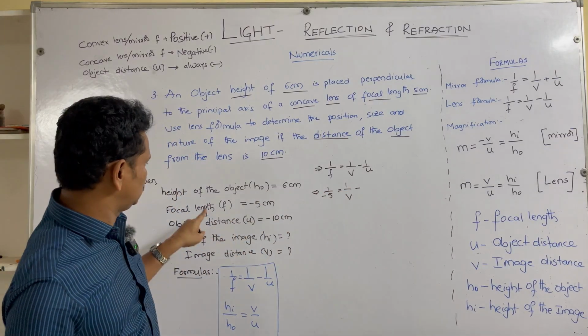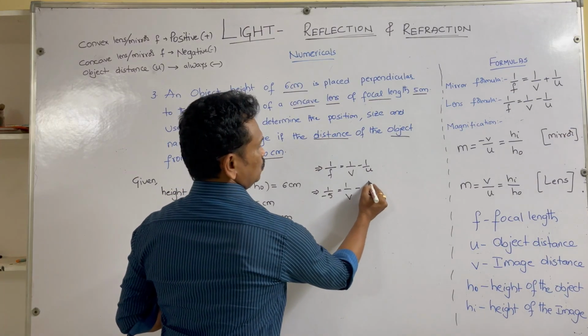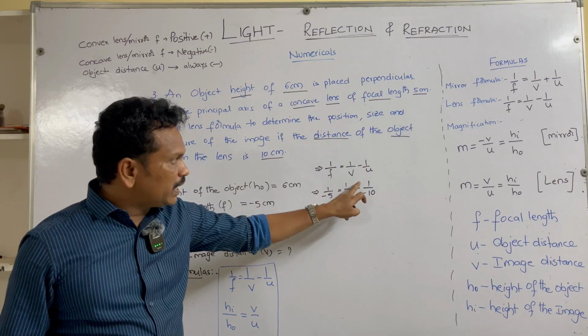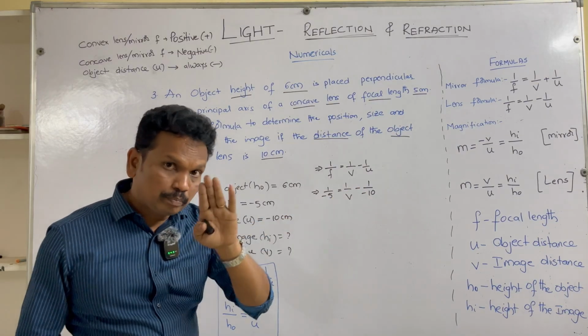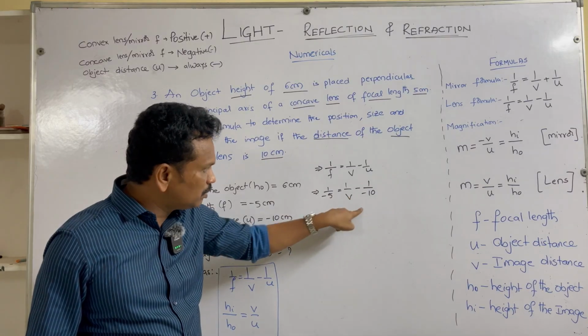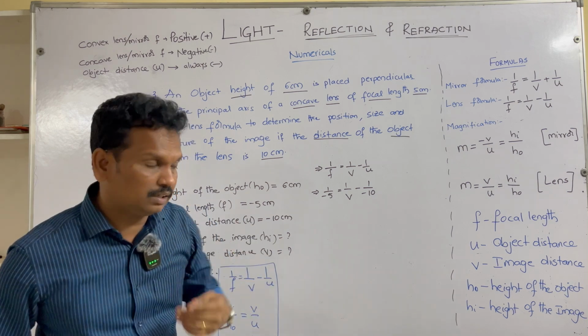U is the object distance. Object distance is minus 10, so 1 by minus 10. Here minus of minus is plus.